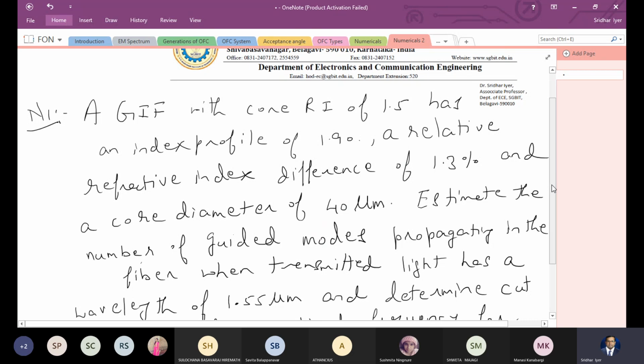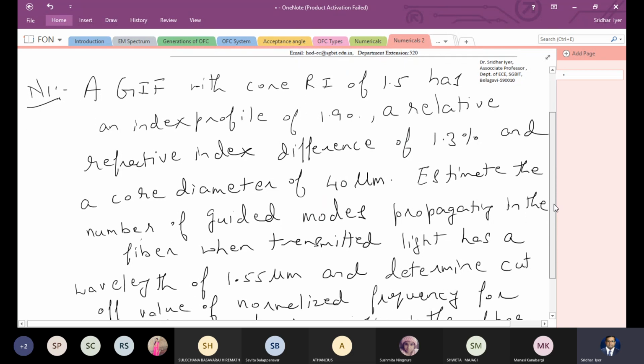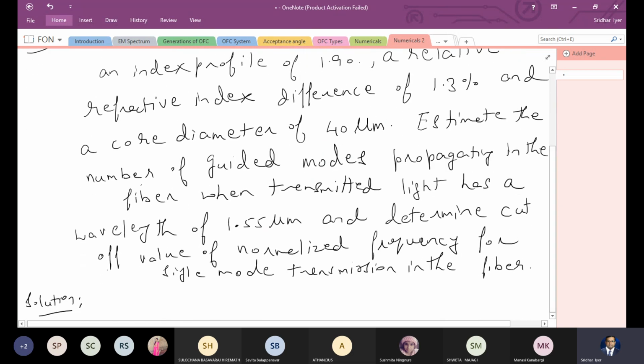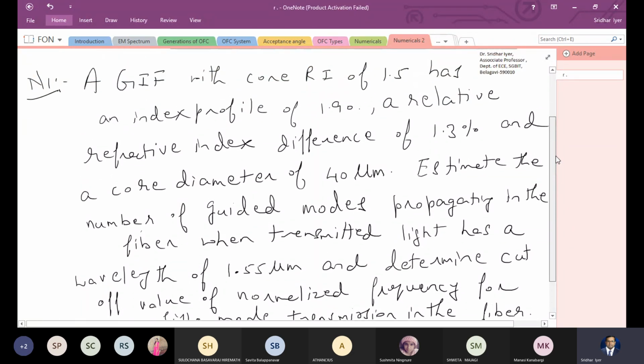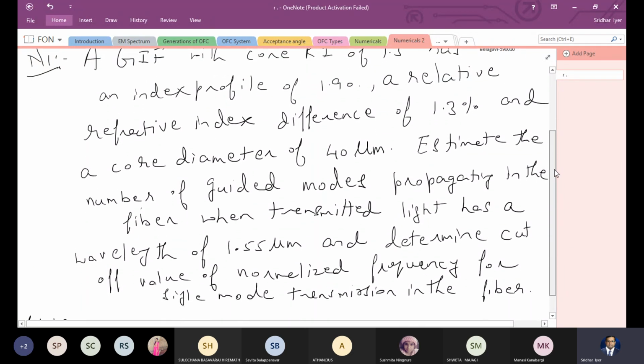So it says a graded index fiber with core refractive index of 1.5. So we are given the core refractive index. For us in our derivation, the core refractive index is n1, and that is 1.5. Then it says has an index profile of 1.9.